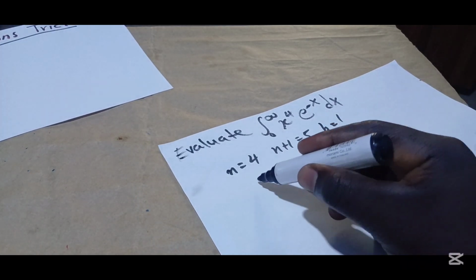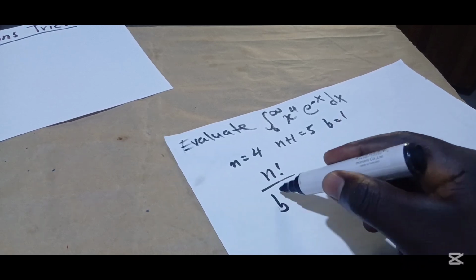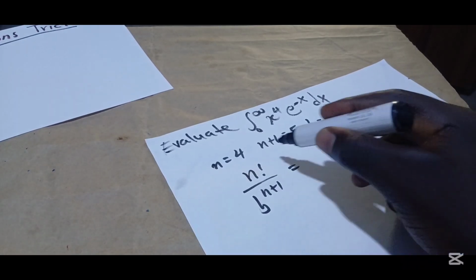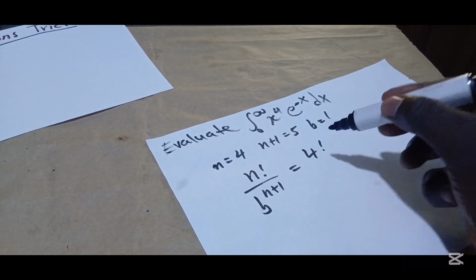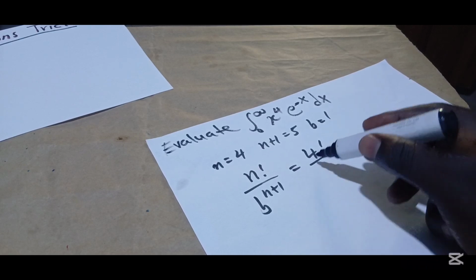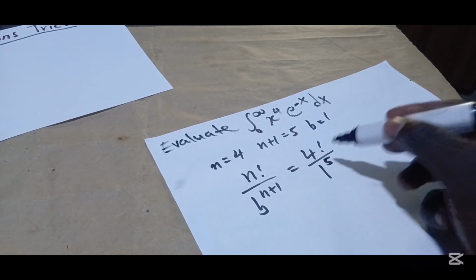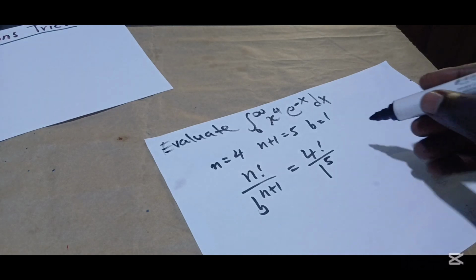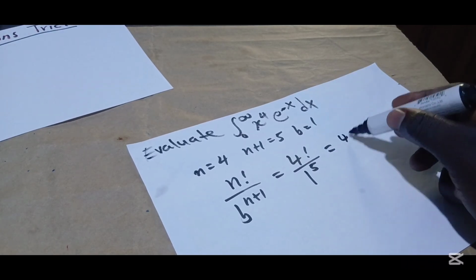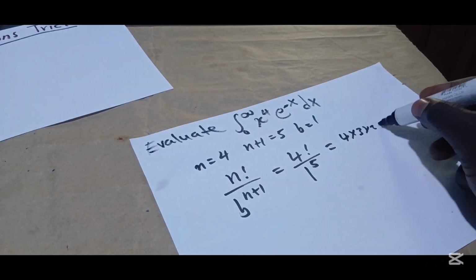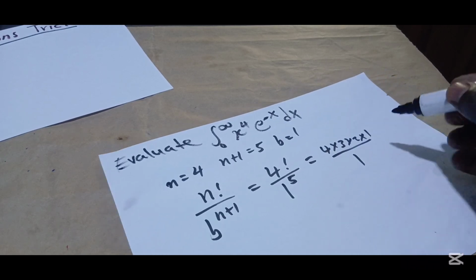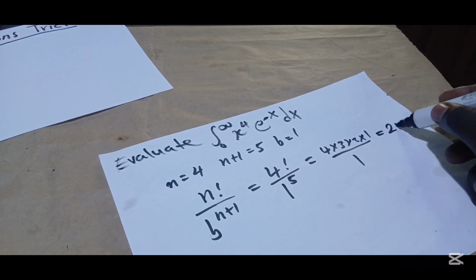And the formula that we are using is n factorial over b to the power n plus 1. So our n is 4. So 4 factorial all over b to the power 5, and our b is 1 to the power 5. So 4 factorial equal 4 by 3 by 2 by 1 all over 1, which equal 24.